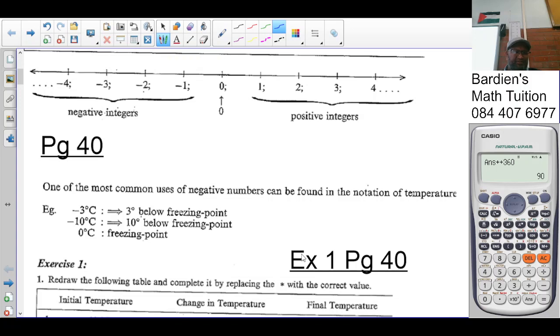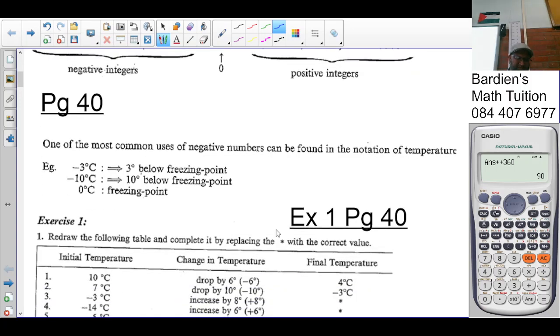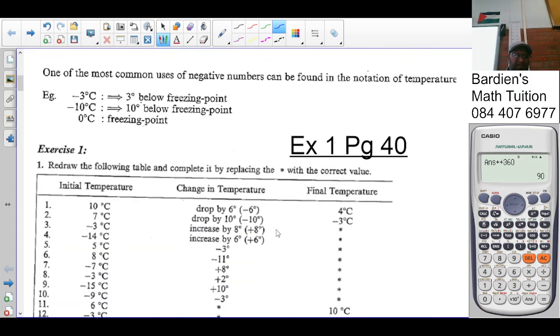So now, we got positive and negative numbers. We are told that one of the most common uses of negative numbers can be found in the notation of temperature. You say the bank? Yes, absolutely. Why? Because you got an overdraft, no?